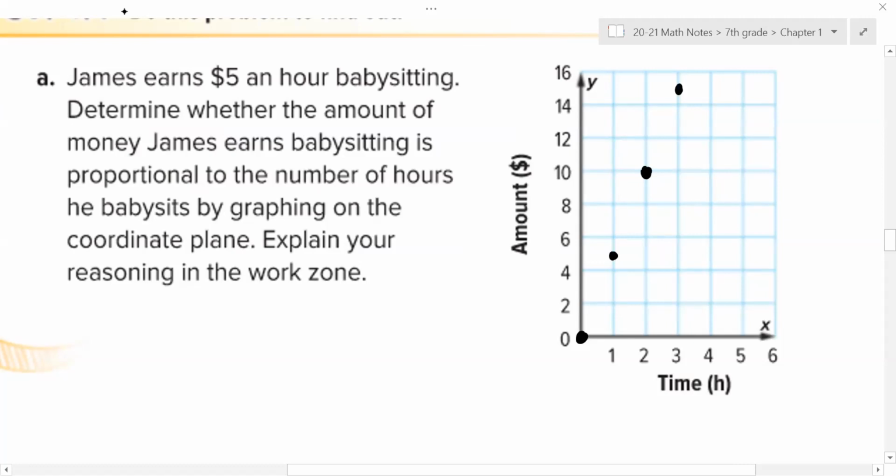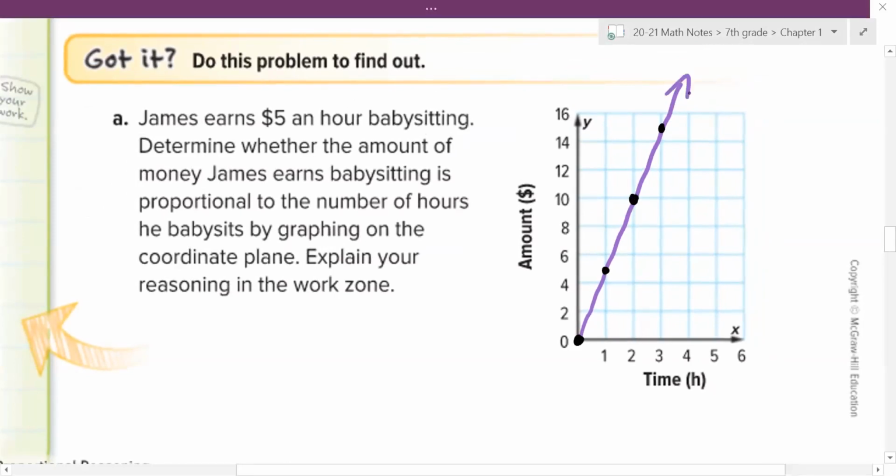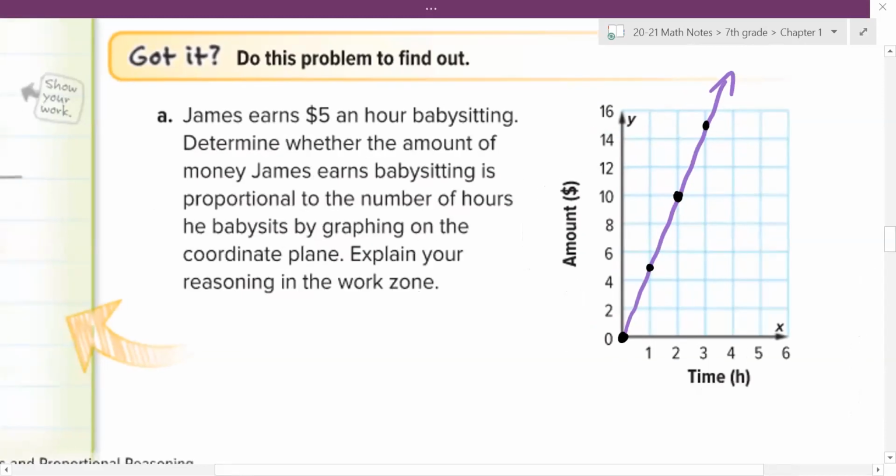So then I'm going to get my straight edge out and I'm going to draw a line. And it's not going to line up perfectly because keep in mind that I'm doing this on a tablet. So it meets both qualifications, it goes through the origin, and it is a straight line.